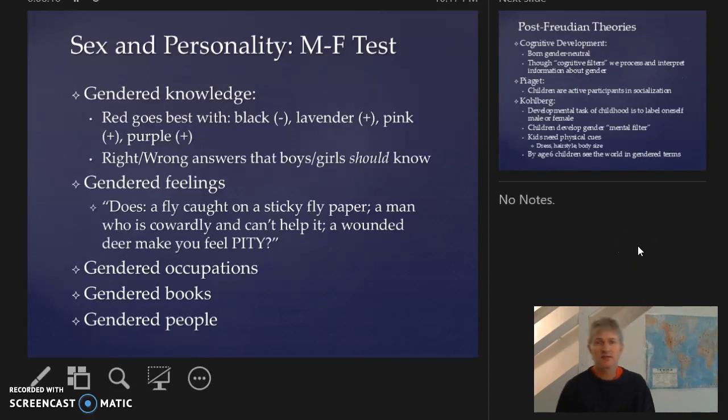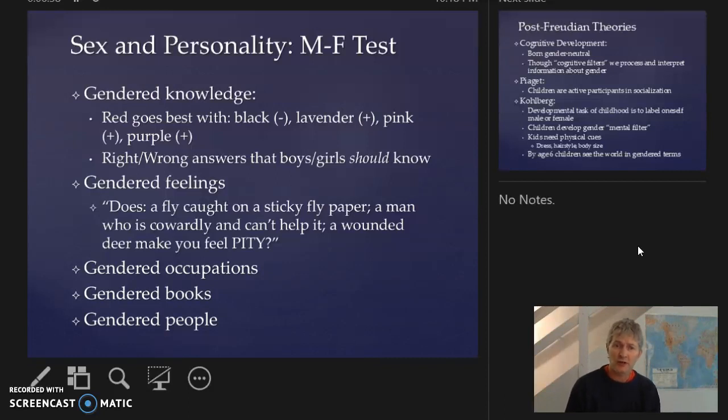The MF test looked at many things as being gendered. Knowledge, of course. When you read the test, and this was pretty much distributed, I think, from the late 20s into the mid 1960s, you can see that it has a gender bias in and of itself.